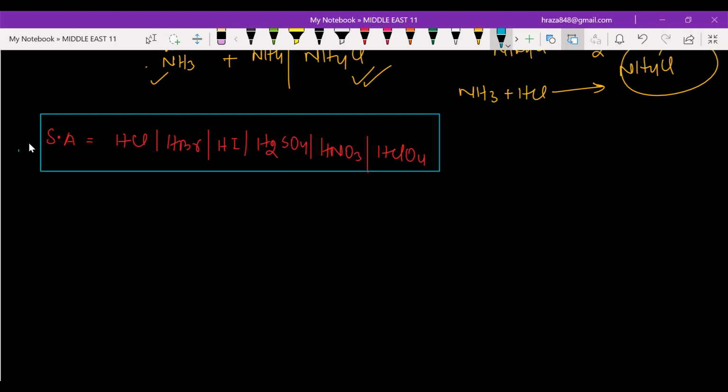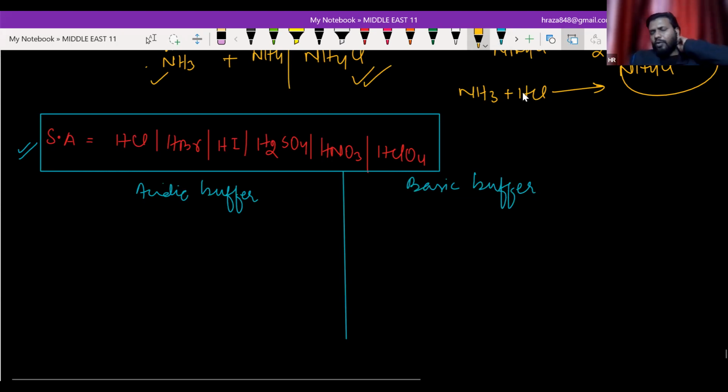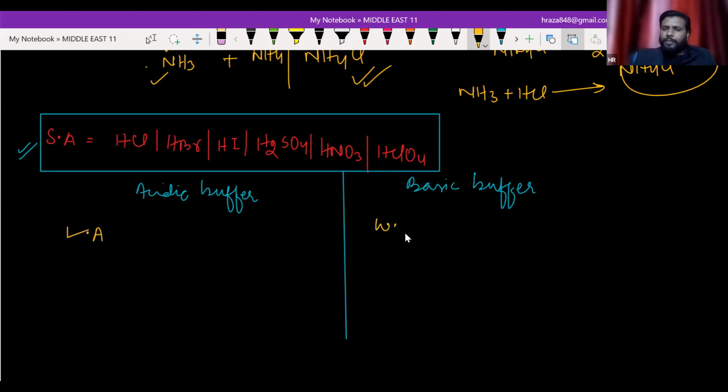Now see. Here is the difference between acidic buffer and basic buffer. How will we recognize whether it is an acidic buffer or a basic buffer in the solution? If it is asked whether it is an acidic buffer or a basic buffer, just remember, go for weak acid or weak base. So here it will be weak acid, and here it will be weak base. An acidic buffer is a weak acid with its conjugate base, and a basic buffer is a weak base with its conjugate acid.